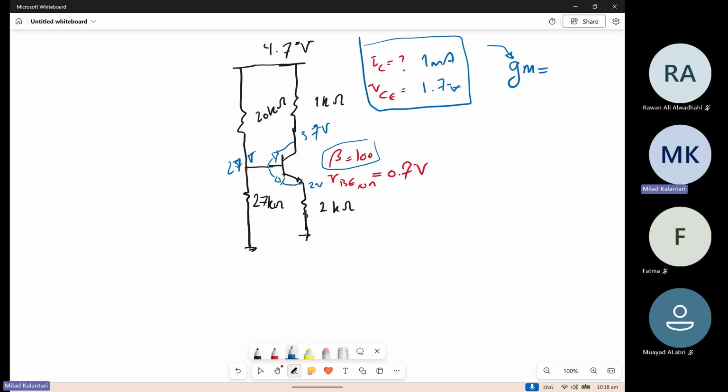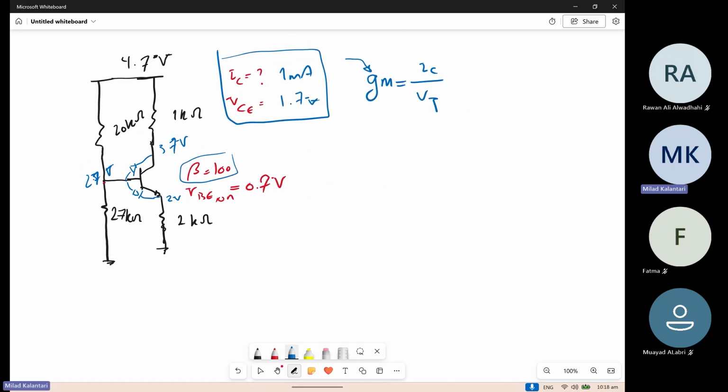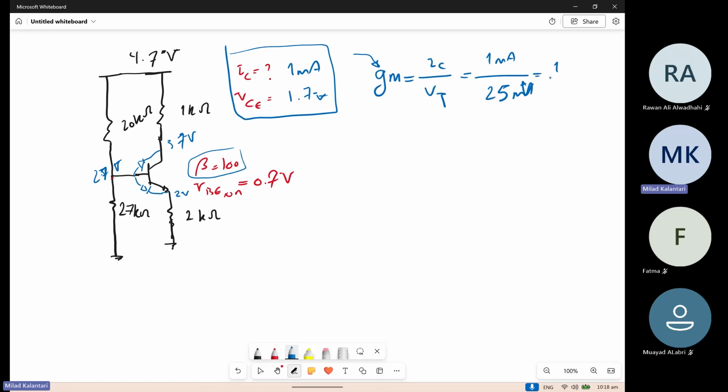Yes, GM is IC over VT, right? IC is 1 milliamp. VT roughly at room temperature is 25 millivolt, which will be 1 over 25, that is the GM.